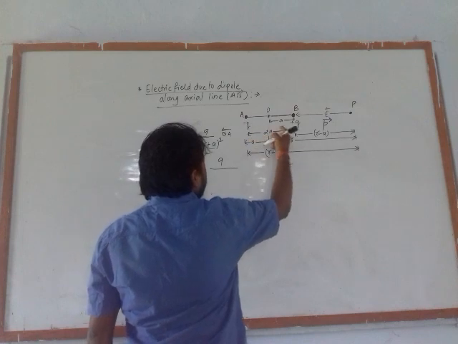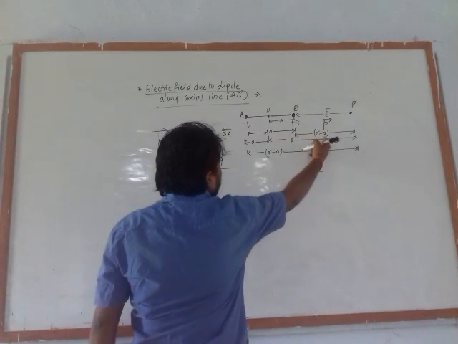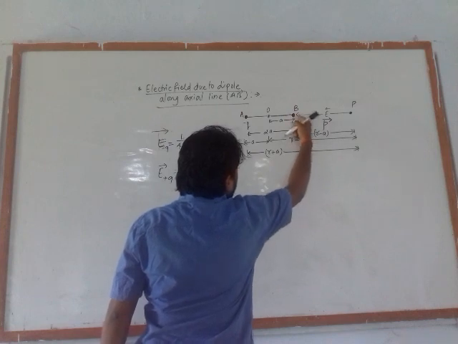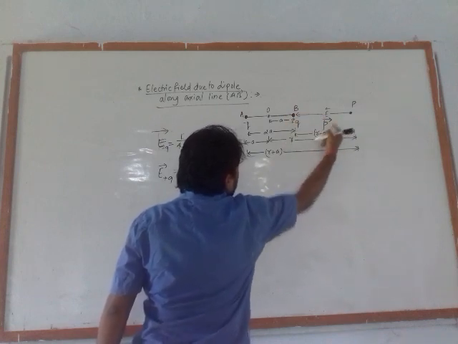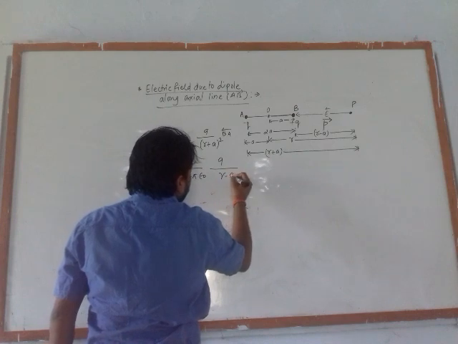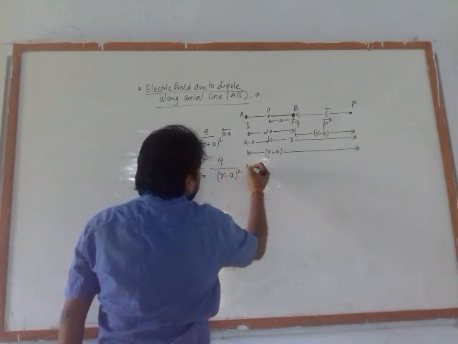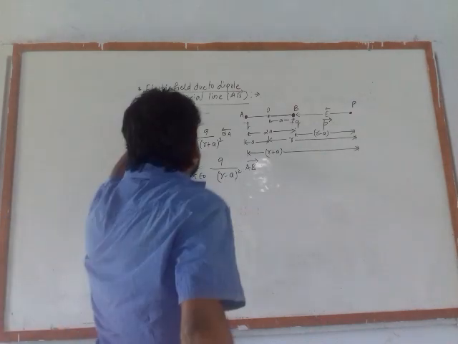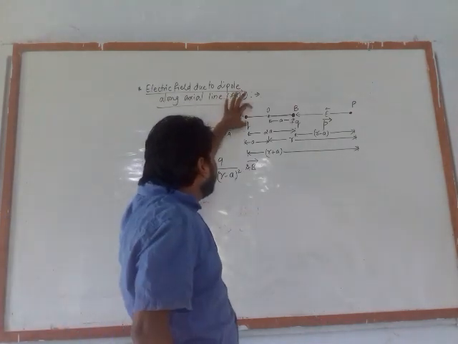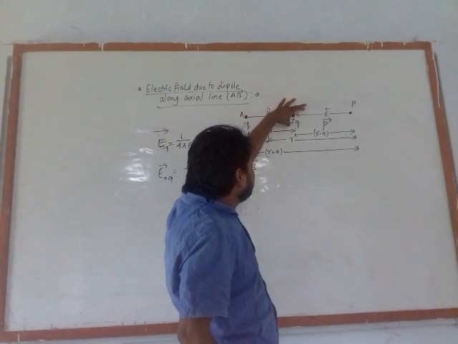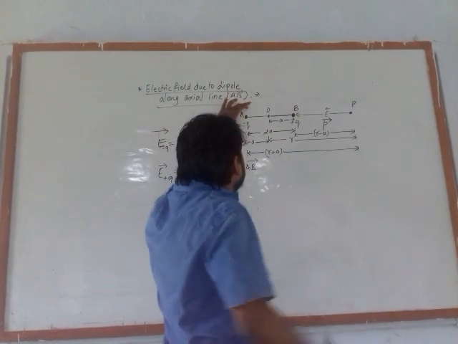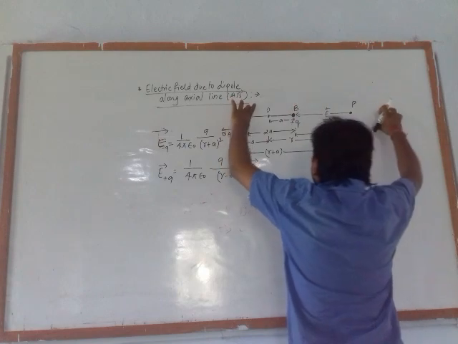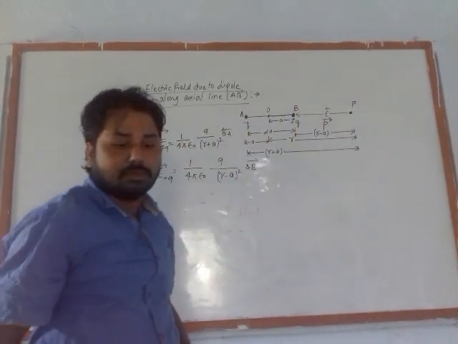So Q by R minus A whole square, because the distance between the positive charge and the point P is R minus A, and the direction is along A. So the electric fields due to the negative charge and the positive charge are both along the direction of AB, and we have to find the resultant.